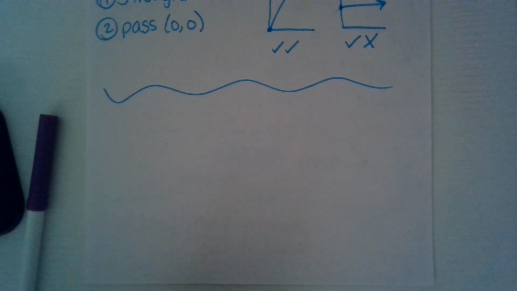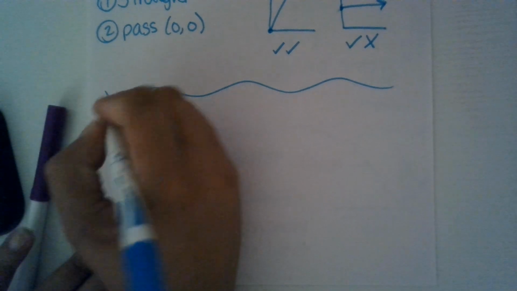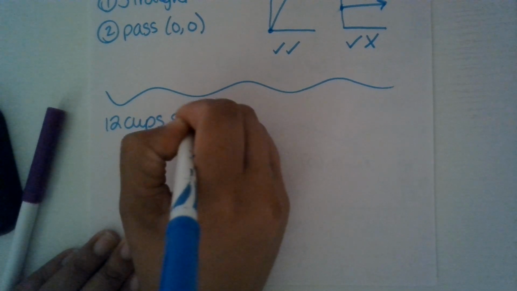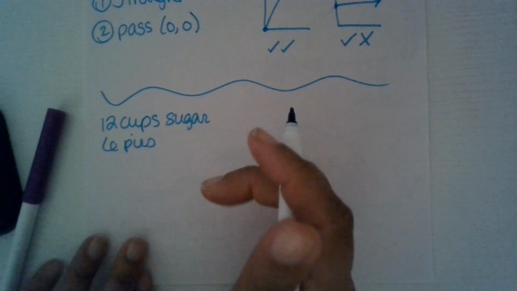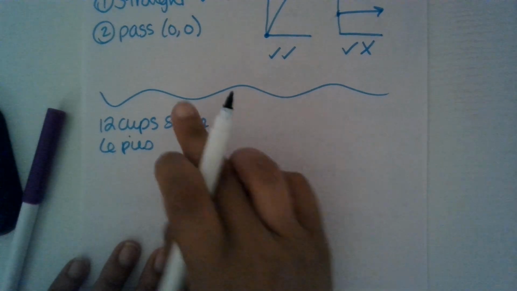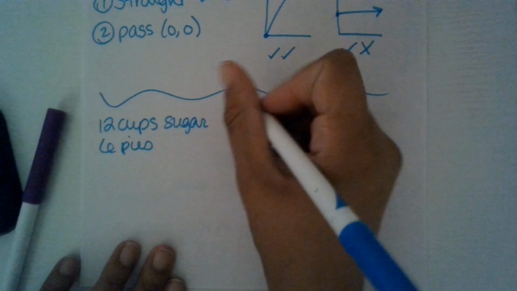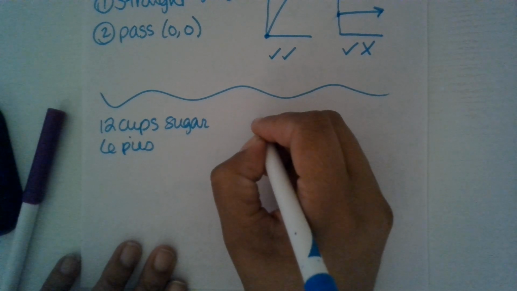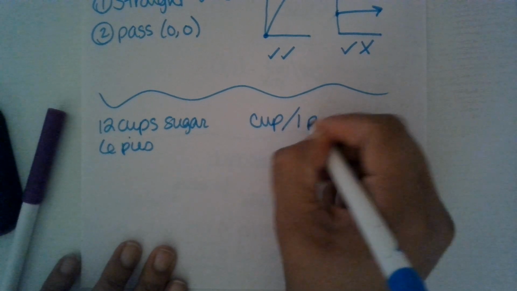Okay. So, Jan used 12 cups of sugar to make 6 pies. But the question is, how many cups of sugar to use for 1 pie? So that means I need to find your cups of sugar per 1 pie.